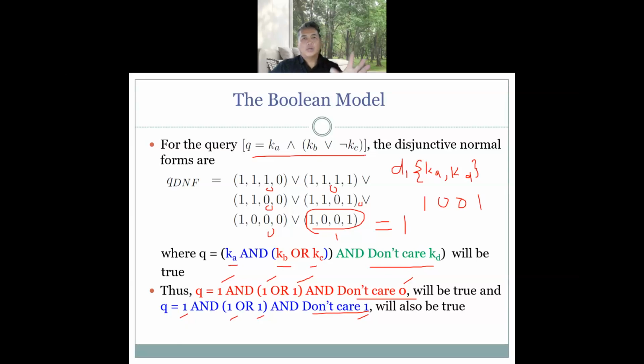So if you look at the type of result returned to you, it is only the document, and the similarity between the query and the document is 1.